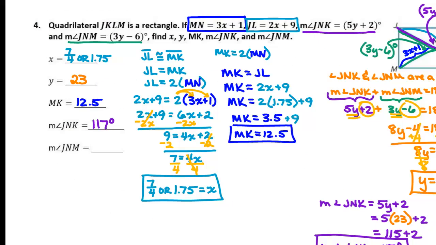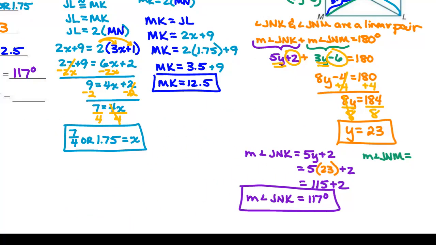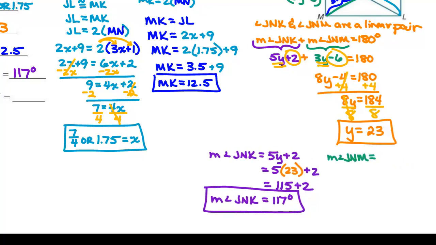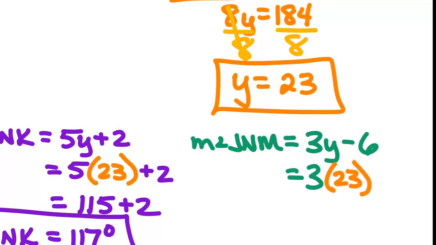And then we have angle JNM. What was the expression that we had for JNM? 3y minus 6. We just found earlier that y is 23.